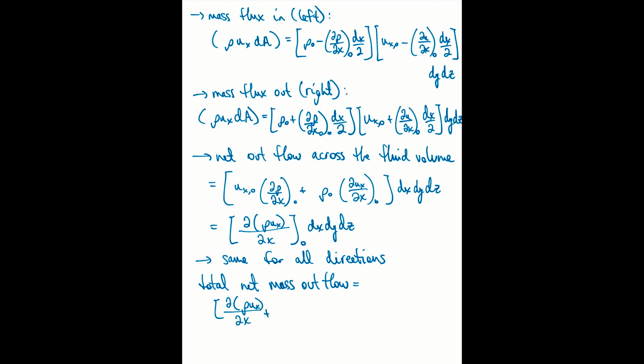So it looks like this when we do all the sides of the cube, multiplied by dx dy dz. Okay, so then we are balancing our mass. That's the balancing of the total mass outflow here.